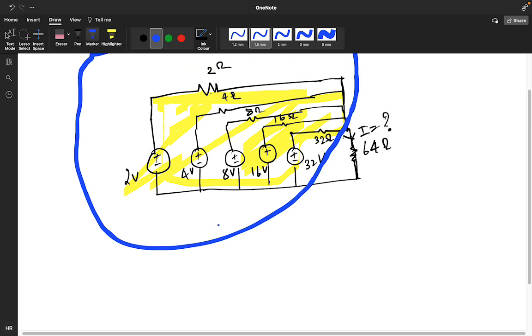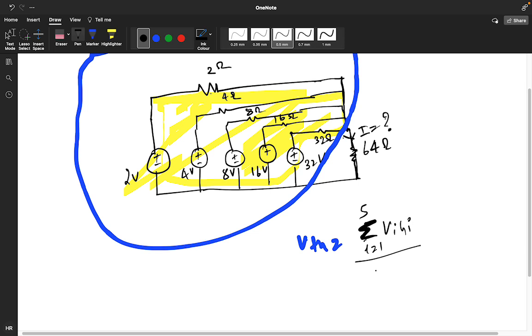So what VTH will you get overall? Summation of V by R divided by summation of 1 by R, where i equals 1 to how many branches? 1, 2, 3, 4, 5 branches. So summation of V into Gi divided by summation of i equals 1 to 5 of Gi.